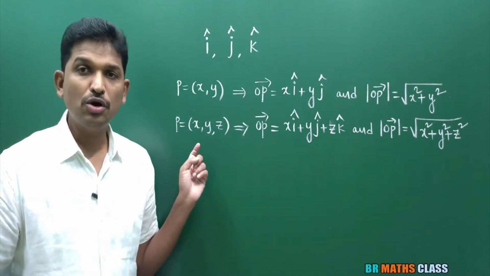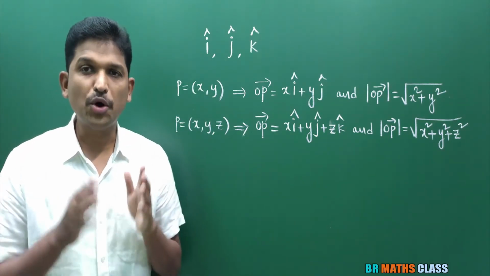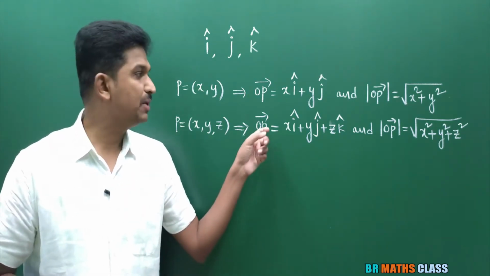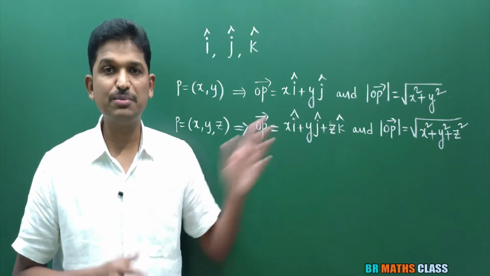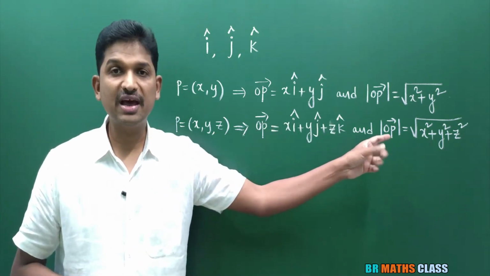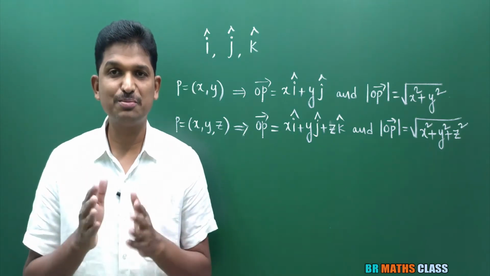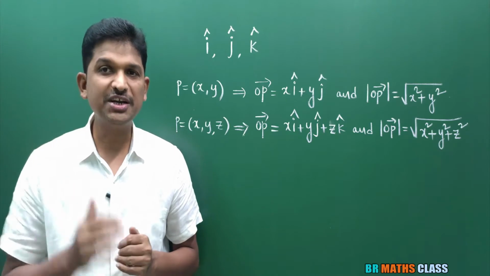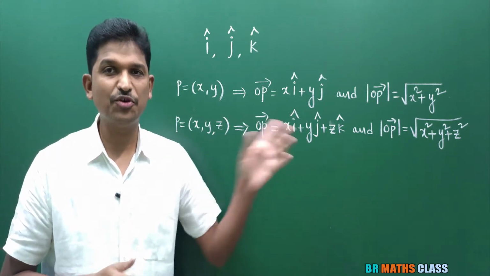And if P(x, y, z) is a point in space, then why we write OP bar as x i bar plus y j bar plus z k bar, and why the magnitude of OP bar is root over x square plus y square plus z square. This class is for those who want to learn the geometrical meaning behind these formulas.